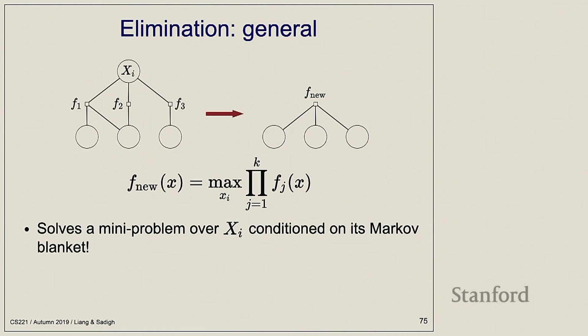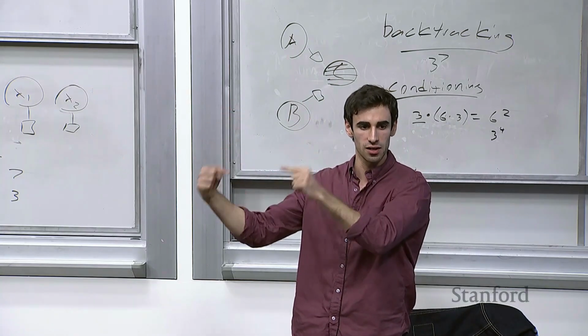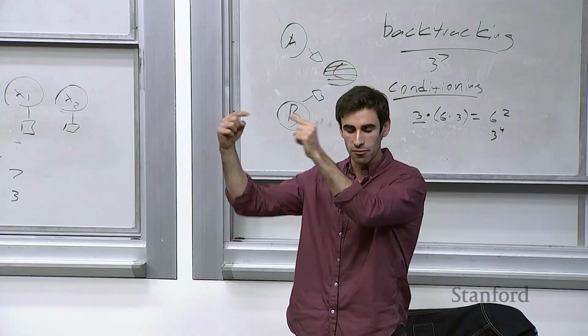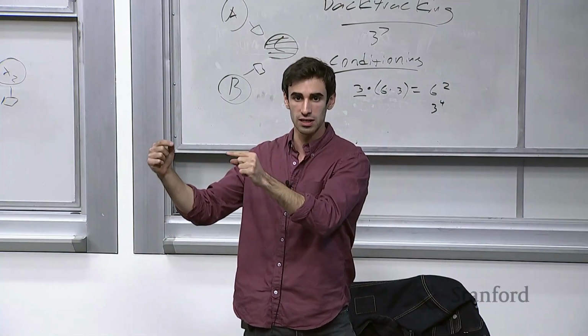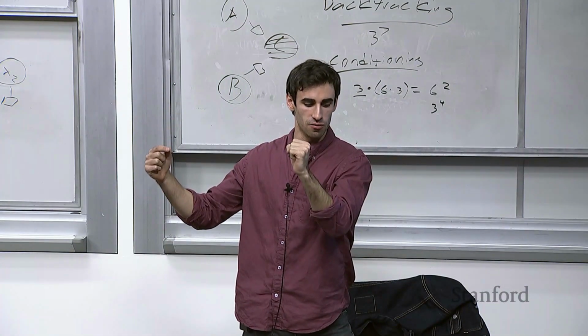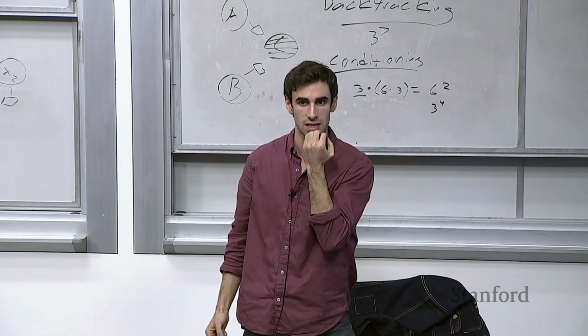Basically, I pick my value, and then I look at all the variables in its Markov blanket, and I repeatedly condition on every assignment that blanket can take on. And then for each of those conditionings, what's the best value of my selected variable? That's kind of what's going on behind the scenes.